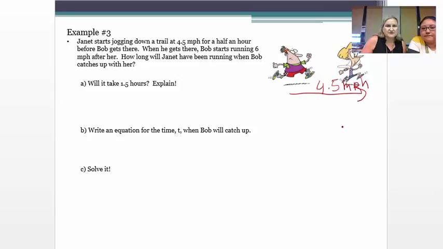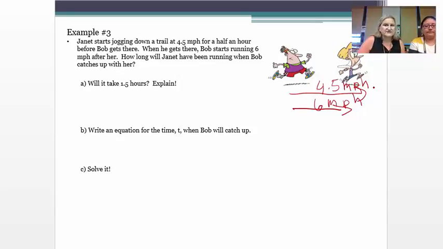When he gets there, Bob starts running at 6 miles per hour after her. How long will Janet have been running when Bob catches up with her?